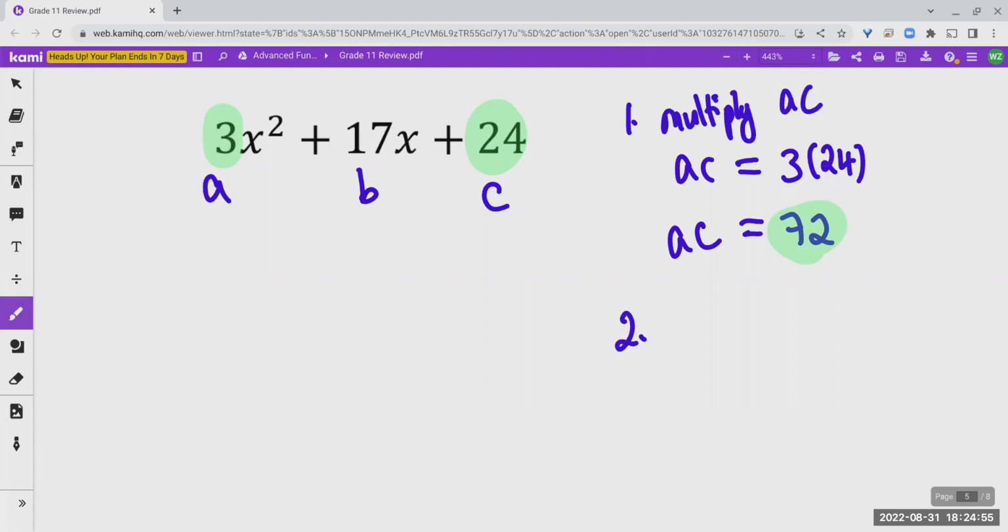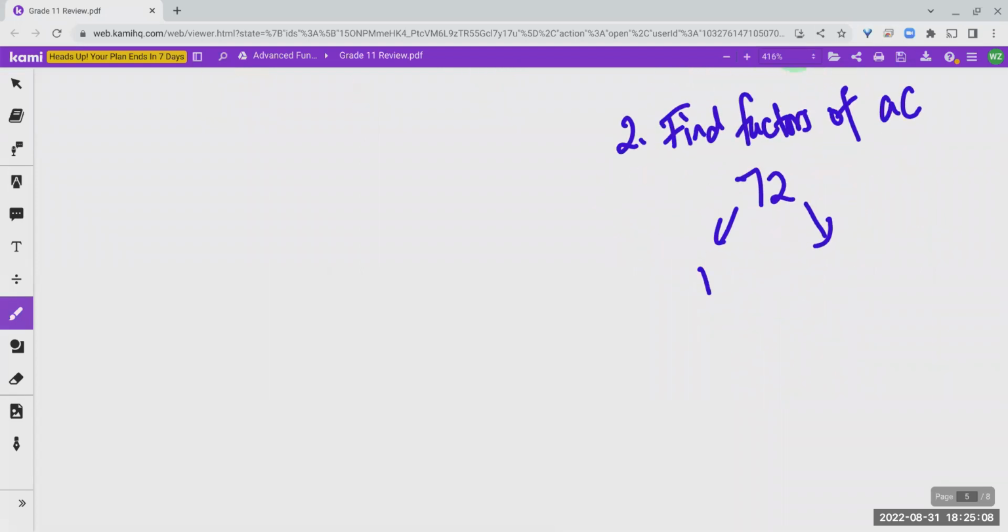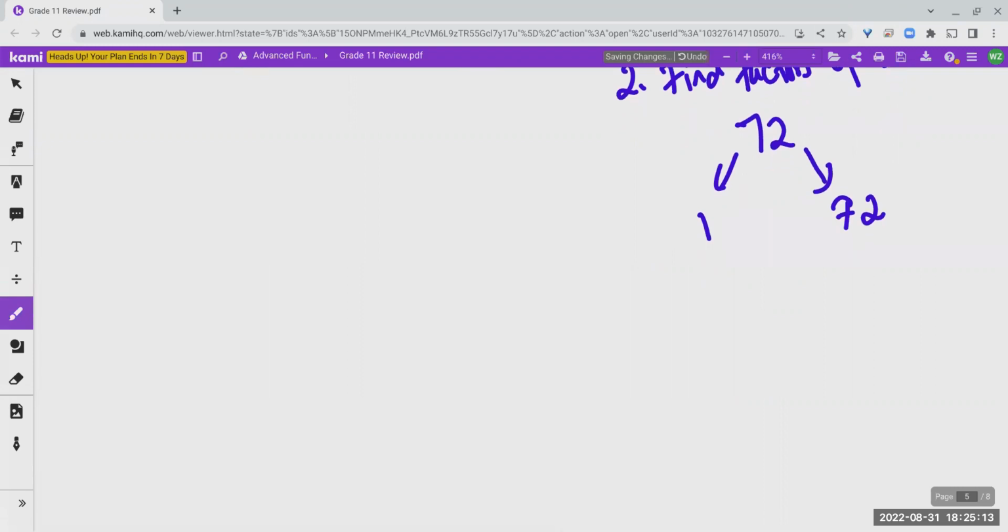Okay, step 1, multiply AC. Step 2, find factors of AC. So 72. What are all the factors of 72? Now, sometimes the question is easier, sometimes it's harder. Like 72 is awful because it has so many factors. 2 and 36. 3 and 24.